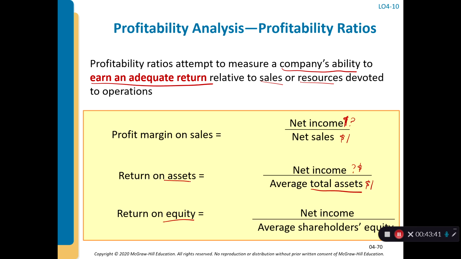But this ratio does not care whether the resources the company has are coming from debt holders or equity holders, right? It just says that for all the resources there are, per $1 of resource, how much net income you are generating. And when you look at the return on equity ratio, it's specifically asking, for $1 of investment from the stockholders, how much net income is generated, right?